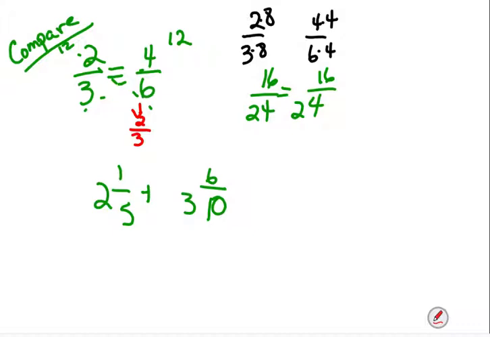What do we get when we add those two together? What do you get, Braden? 5 4/5. Braden says 5 4/5. Do you agree with Braden?